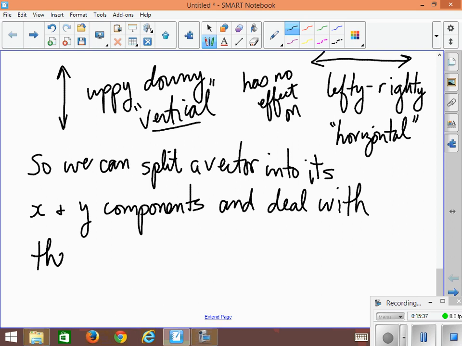So that's basically our goal. So all we have left to do then is to figure out how we can actually get some values, some actual numbers for these x and y components.